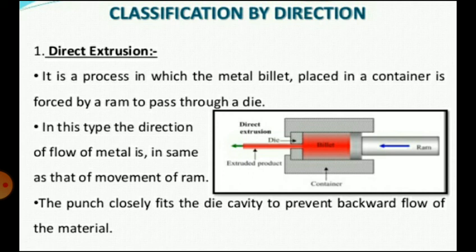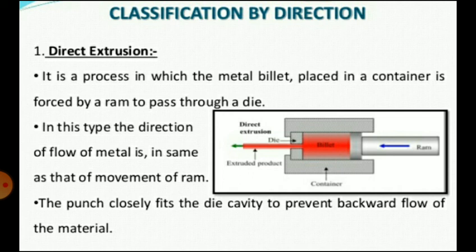You can see in the diagram there is a container in which the hot billet is placed, indicated by red color, and on the left hand side there is a die opening of the desired shape or section.